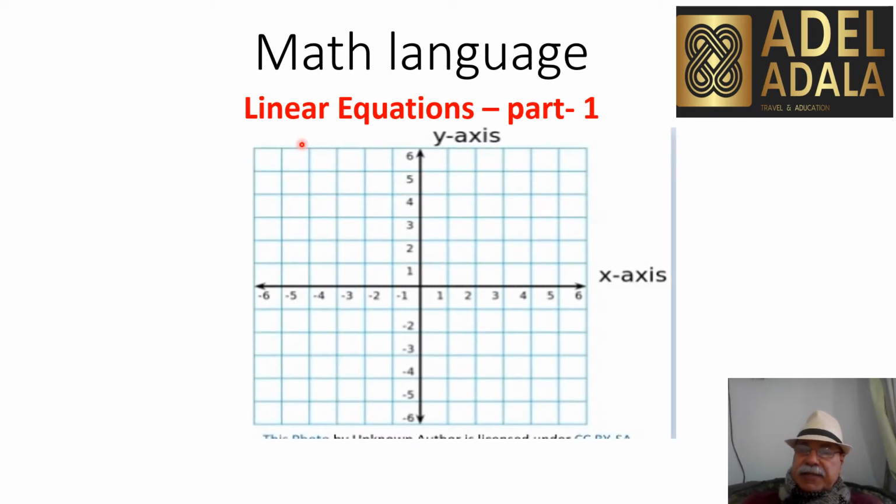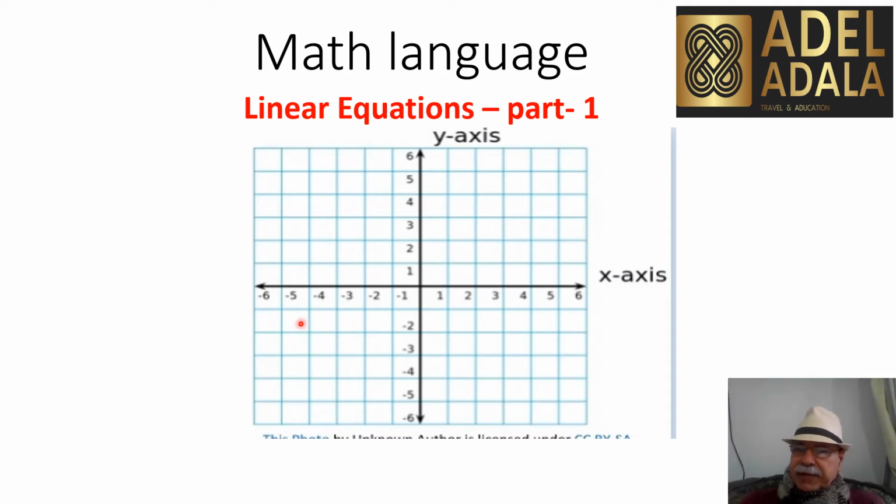Here, this is the x-axis, and this is very important. This is the shape and diagram. It shows us how we plot the coordinates of a point in this diagram.